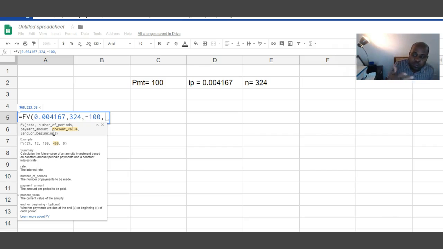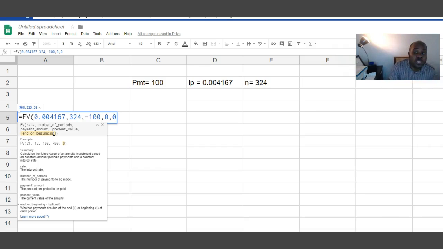It's at the end of every month I deposit $100. So which means I'm going to put present value 0. What about end of period or beginning of period? Generally this is an end of period because at the end of every month I put it. So that's why we put 0 one more time.